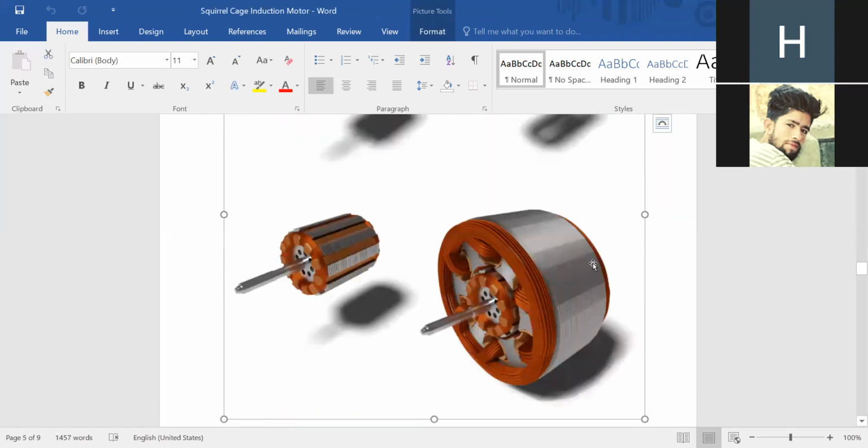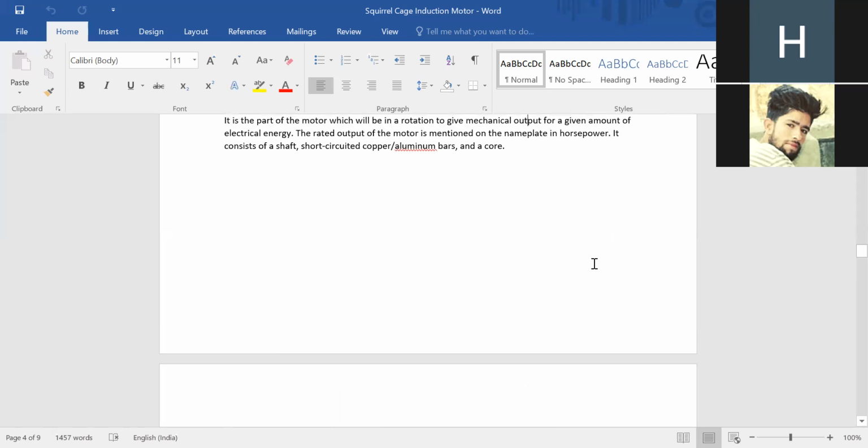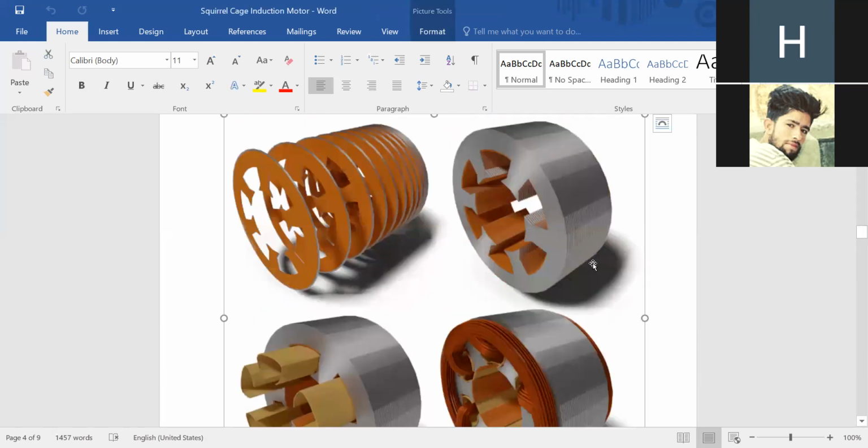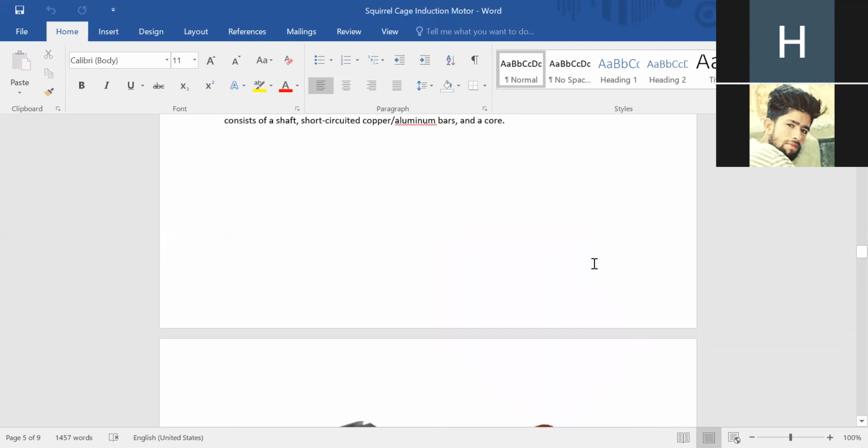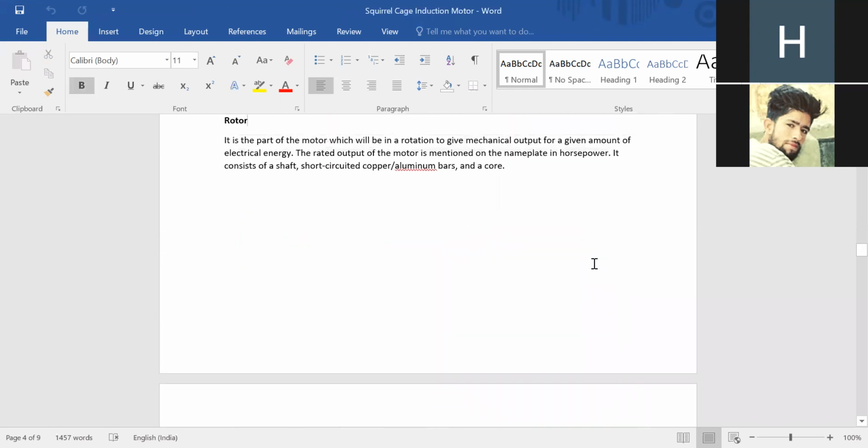The second part is the rotor. So the rotor is the main thing over there. The rotor rotates and produces the mechanical output.